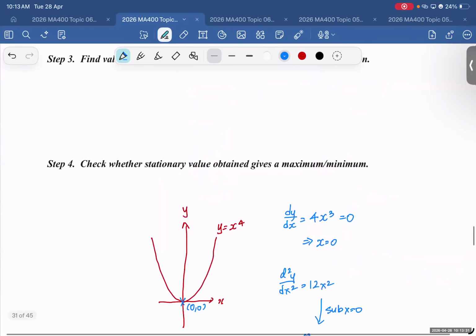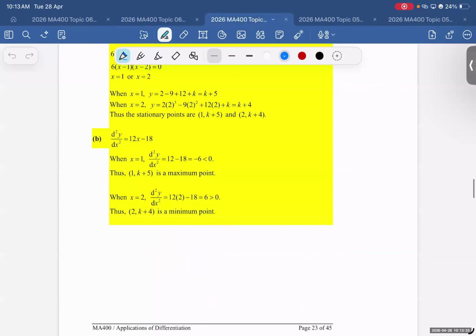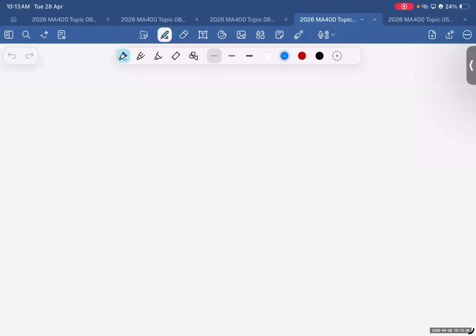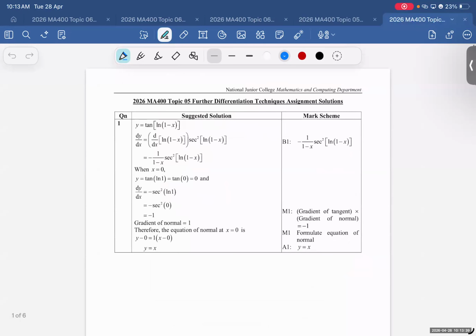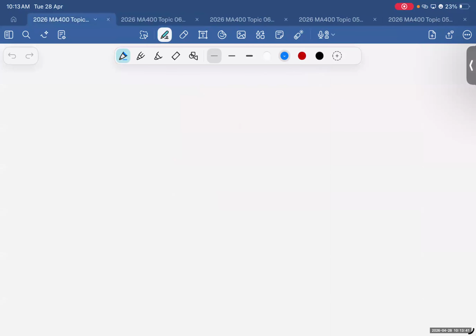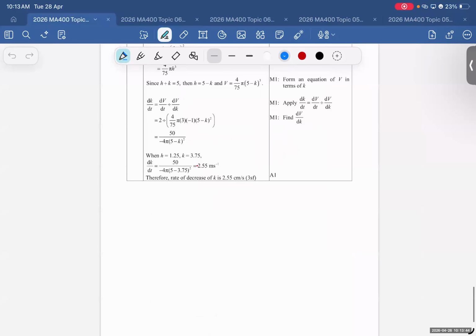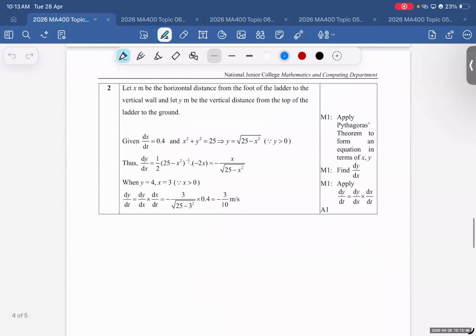You need to check your answer for AFL. Which question? Questions 2 and 3. Question 2, the answer is negative 3/10.